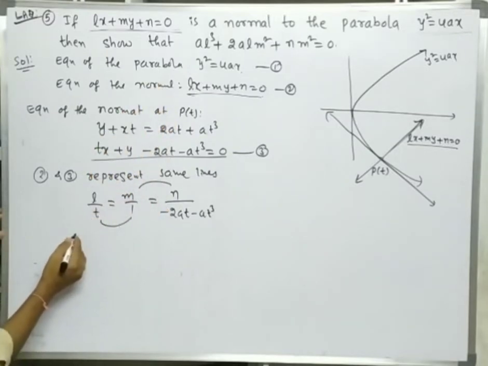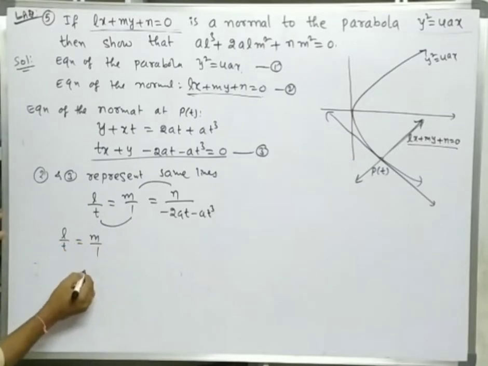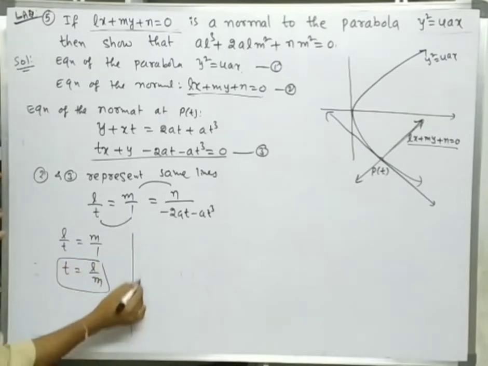Okay, now L by t is equal to what? m by 1. From this, t is equal to L by m, by cross multiplication. So t is equal to L by m.